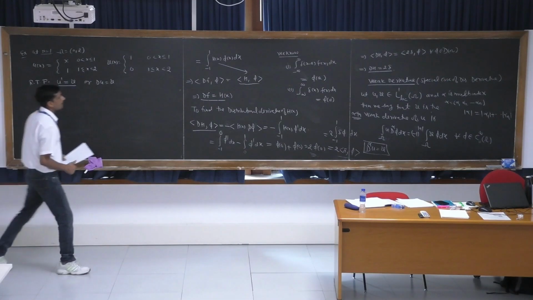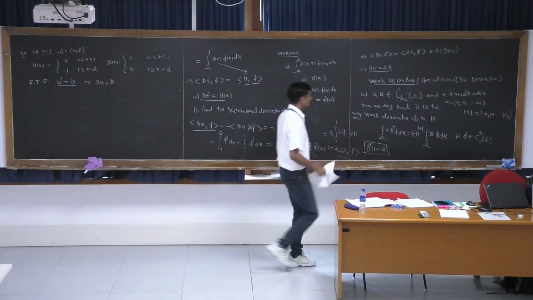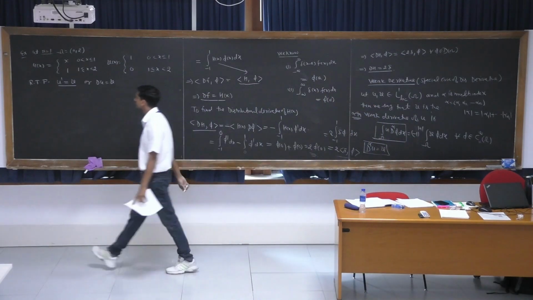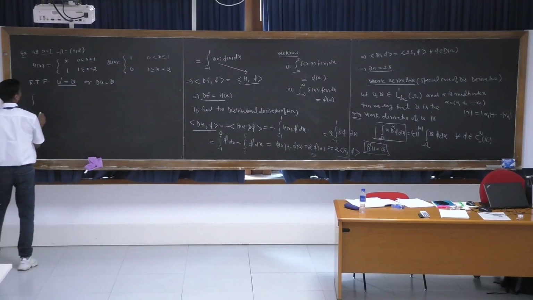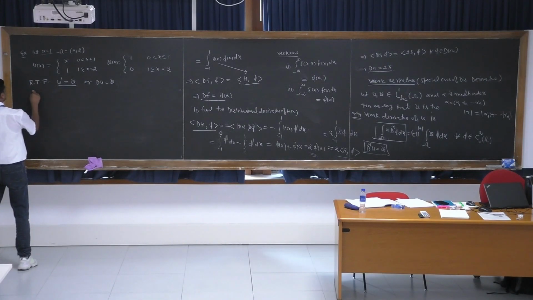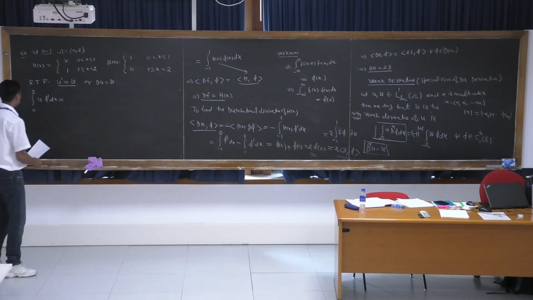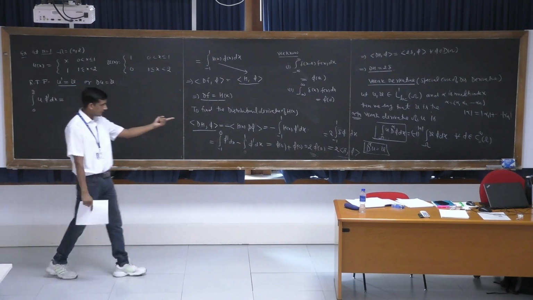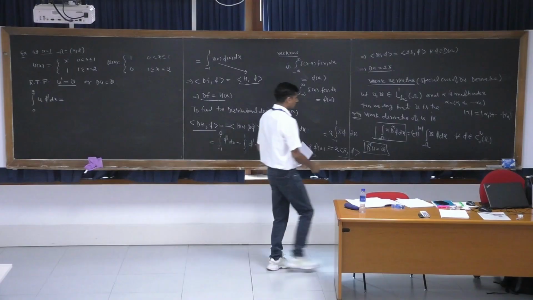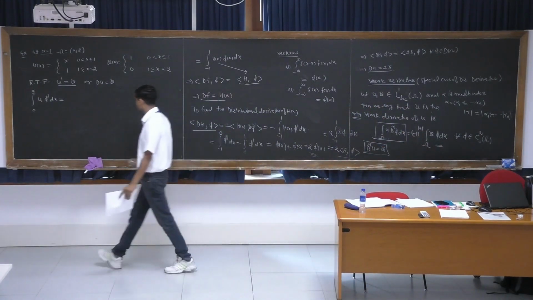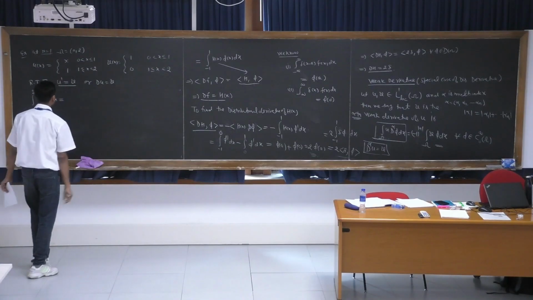So start from the left hand side of the definition: the integral over the domain 0 to 2 of u and phi dash dx. I am starting from the left hand side, and I will arrive here and then compare that. This is the weak derivative of this.